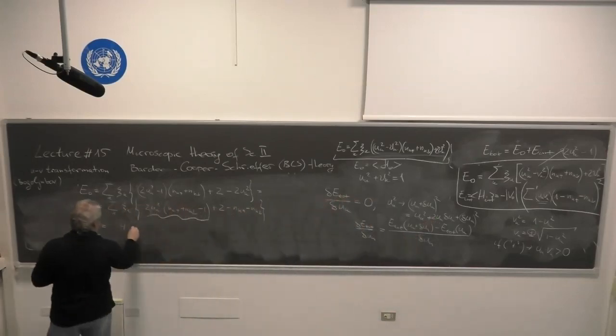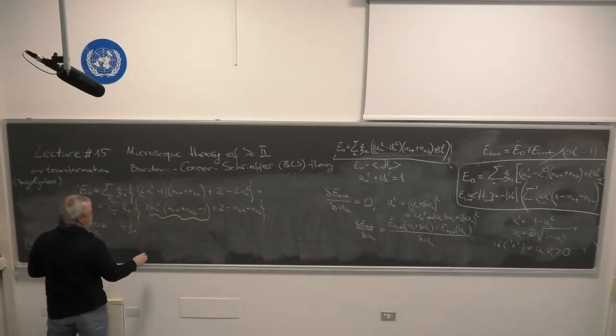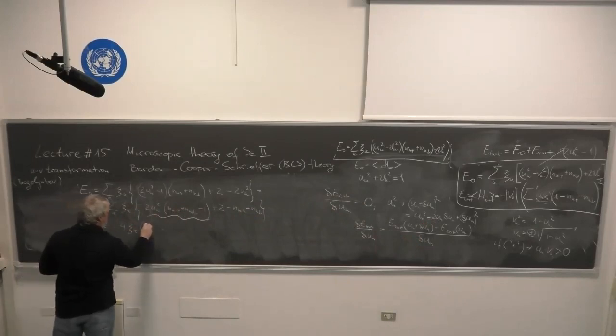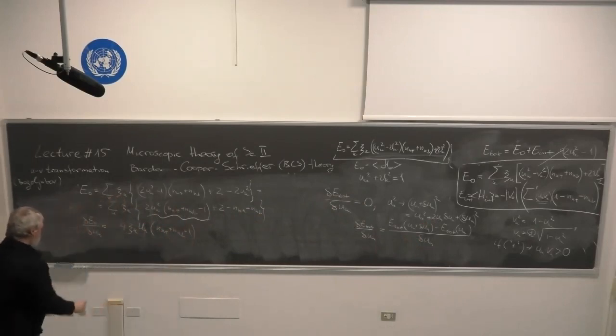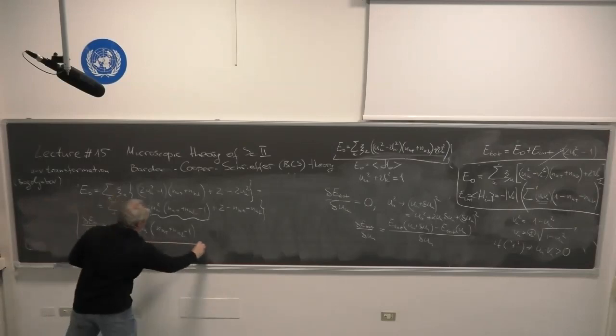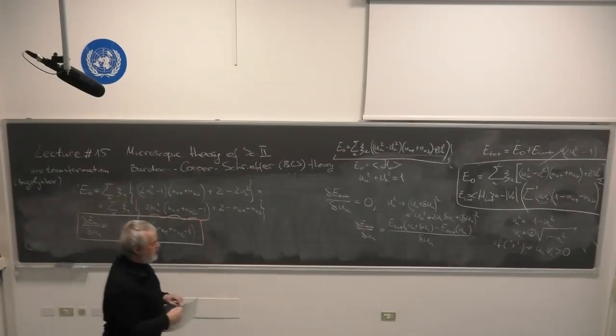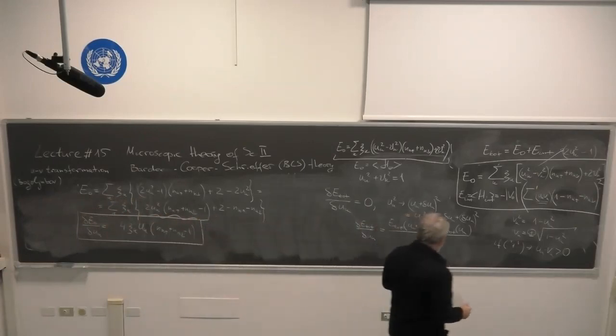It's 4 times ξ_k, and I have u_k, and I have n_k up plus n_k down minus 1. So this is the first part of my functional derivative.